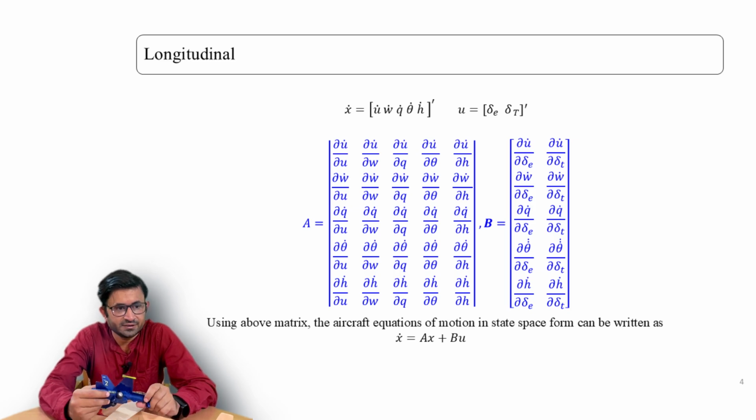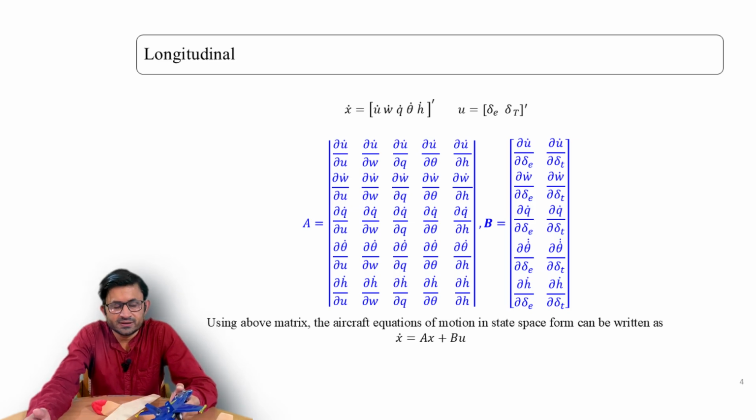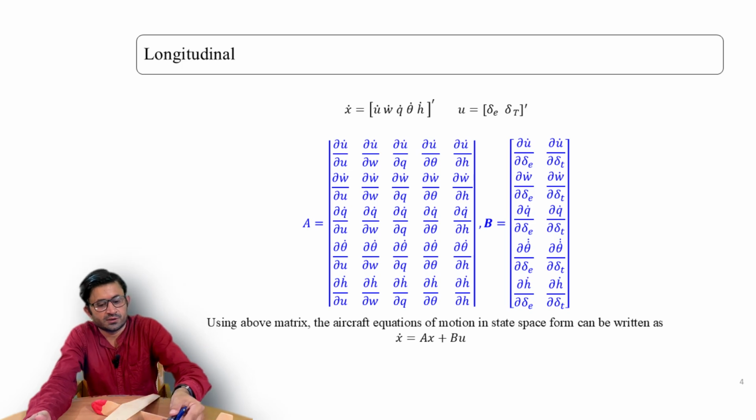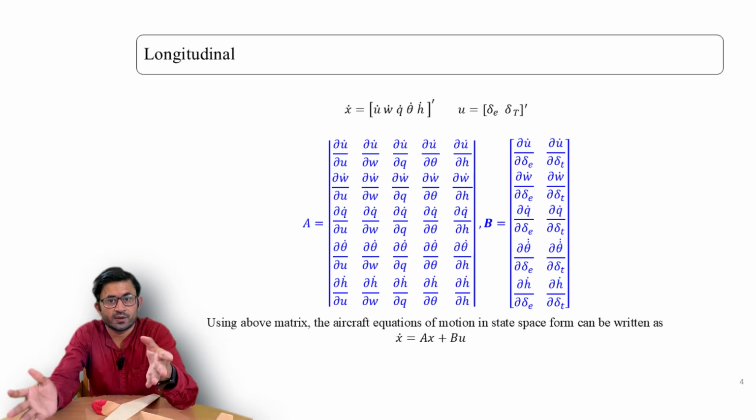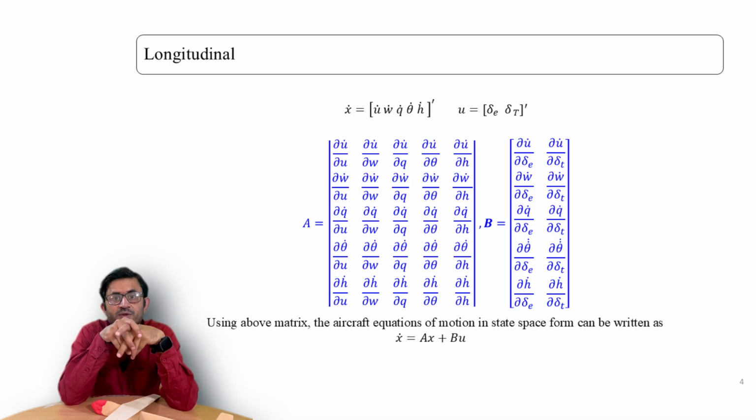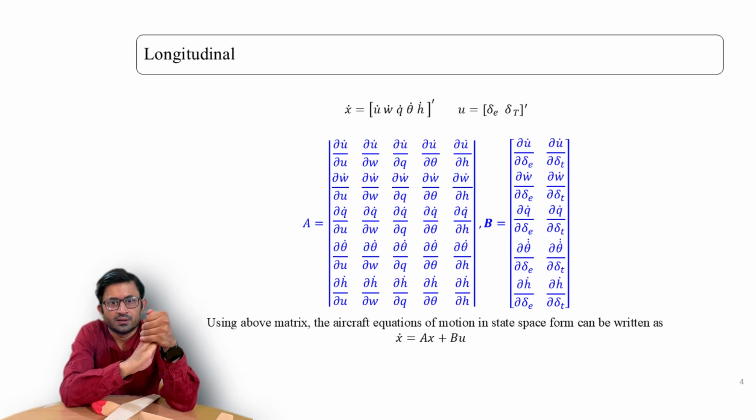Right? So once you do this, in the system matrix A you can find out the characteristic equation, which is nothing but the determinant of lambda I minus A. Here, if you remove the h part, you can consider only the u states, w states, theta and q.